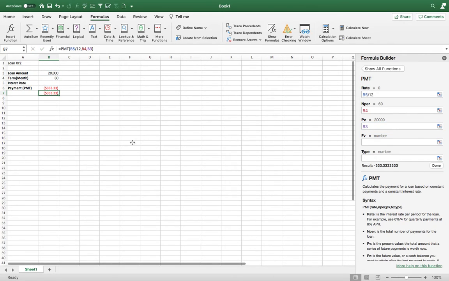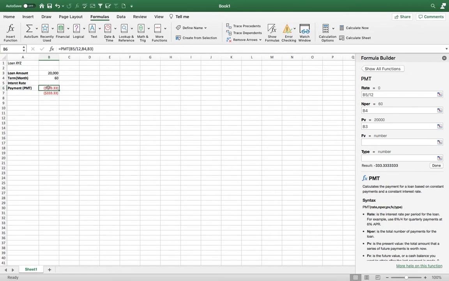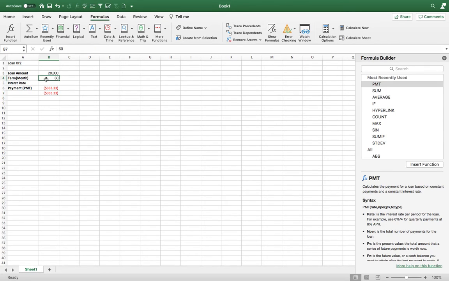And then you say done. Now you got the same result. So you could do this formula using the equal sign, or go into the formula builder bar and put your cells or numbers in here, and you'll get it that way. One thing I would like to comment on: when you say a term, this is 60 terms, and one year is 12 months.